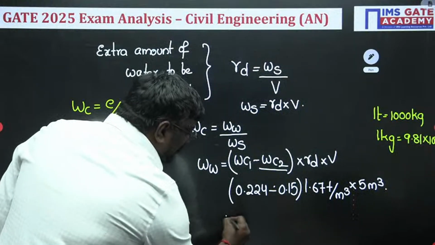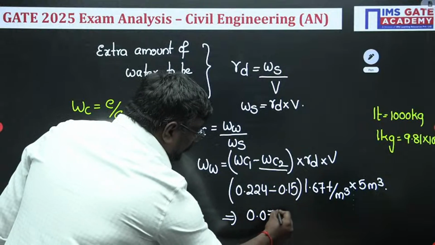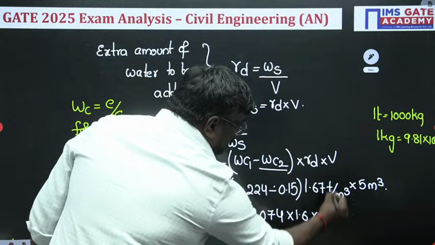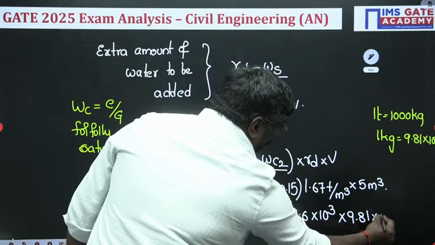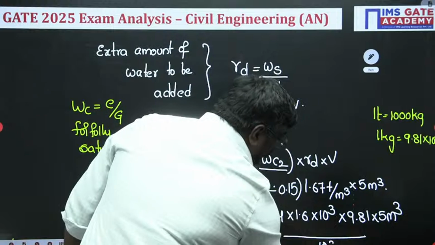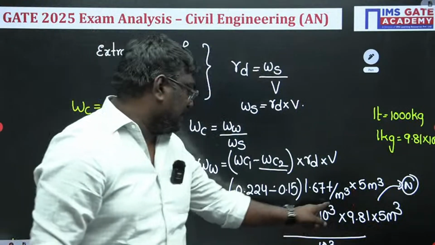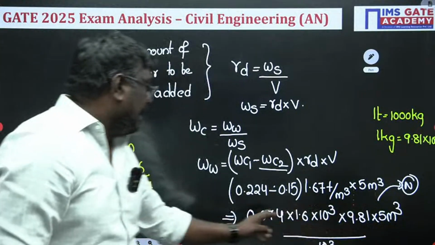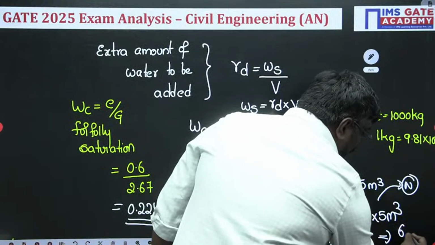So this value will be 0.07 into 1.6 into 10 power 3, which is 1000 kg because 1 ton is 1000 kg, into 9.81 into 5 meter cube, divided by 10 power 3 because to convert Newton into kilonewton I have done this. So 10 power 3 cancels. 1.6 into 10 is almost 16, 16 into 5 is 80, and 80 into 0.07, if you solve this, you will get a value of 6.112.